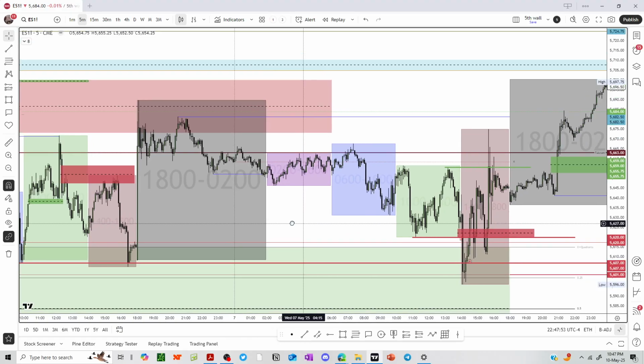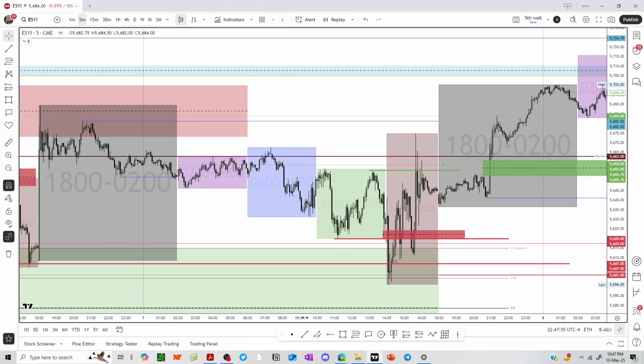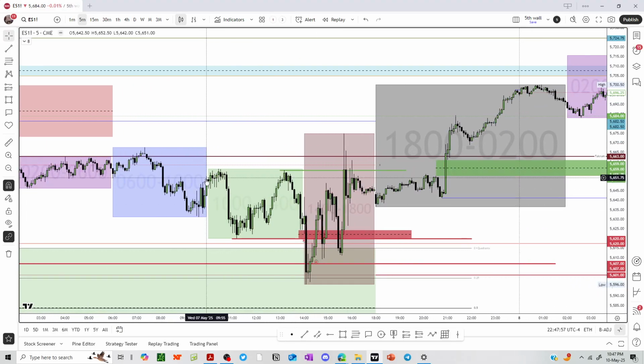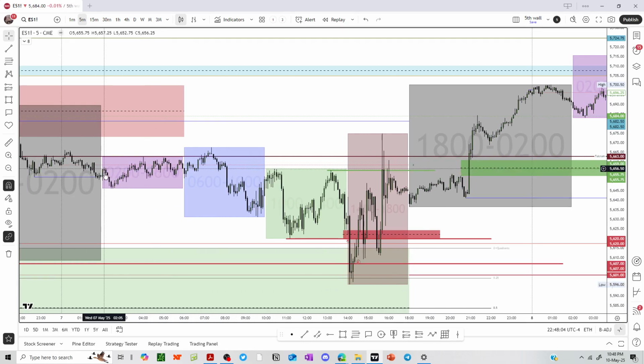All right, so let's get back into this 10 o'clock to 2 o'clock. And we have here, we have the London session. Price 6 to 10, ran stops. Broke below the accumulation, and the retracement into the accumulation, which is also the bearish fair value gap.